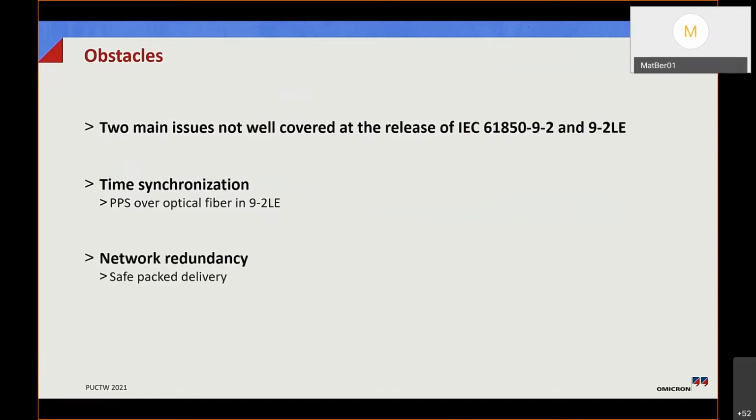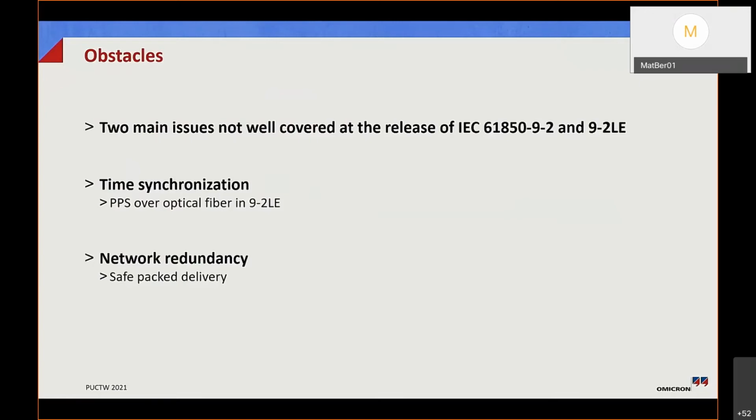That has to do, on the one side, with psychological reasons. The protection people are full of skeptics that were not so keen on going after this technology. But on the other side, we also had some technical reasons, because there were some problems not fully covered yet.